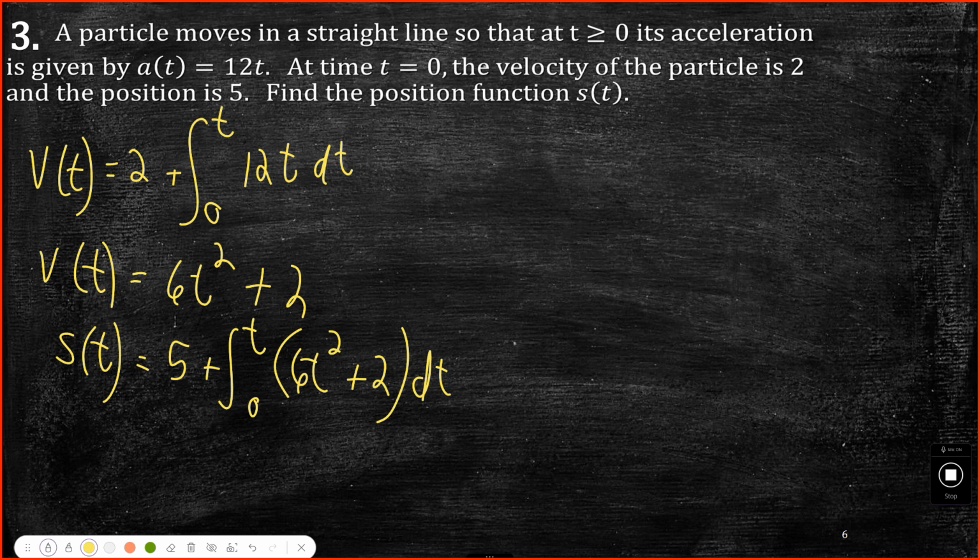T to the third? What is it? 3? No, 2? And then what? Plus 2t? Because 0 to t, this 0 to t thing is going to be the... The book does it a different way.